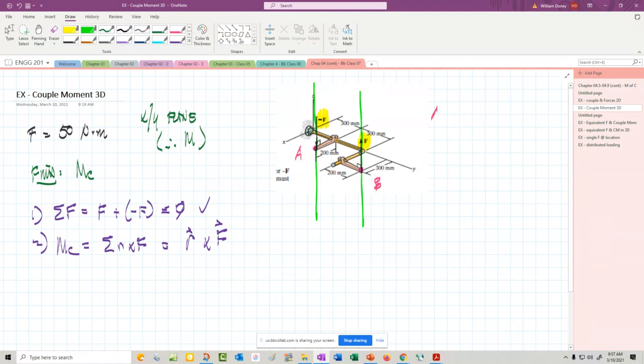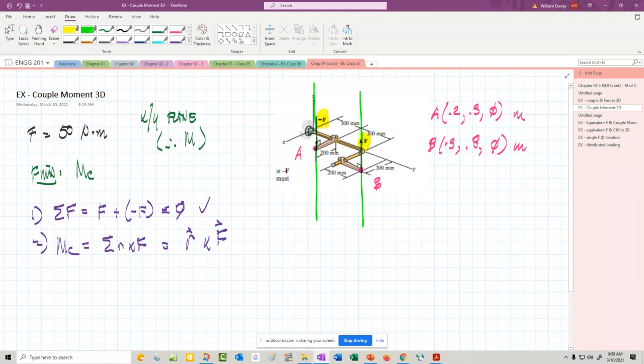We'll call that A, and that's B. Point A, if we follow this out and put it into meters, that should be 0.2, 0.3, and 0. And B is going to be 0.368. Was that 0.8? And 0 meters.